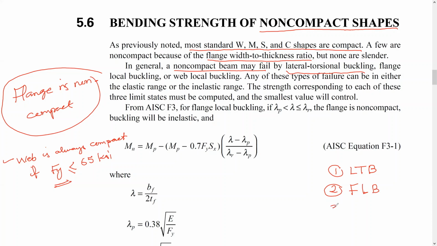The third one is web local buckling. And these limit states might happen in the elastic range or inelastic range.